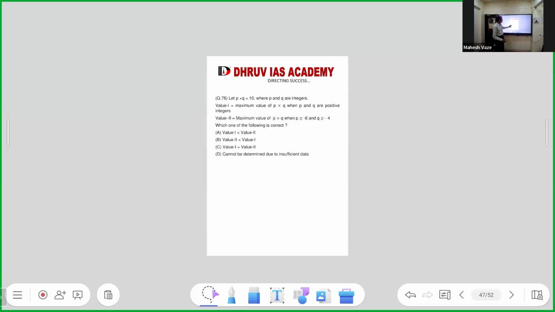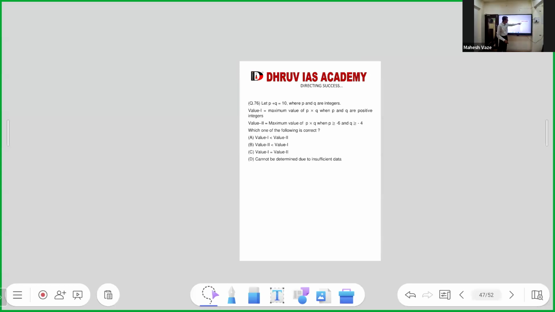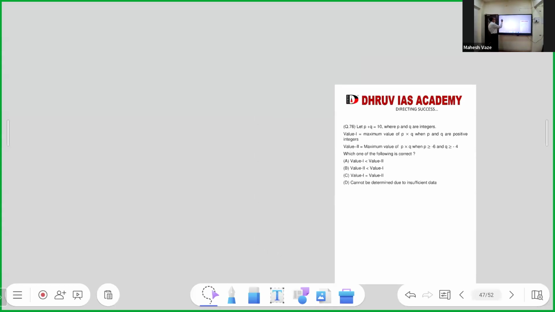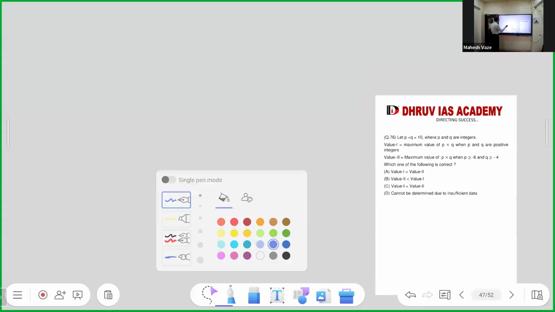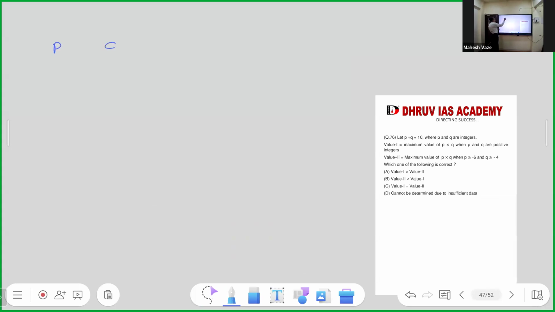Okay, so again we will go one by one. See, P plus Q is 10. So we will take values of P and Q here. It can be 1 and 9, 2 and 8, 3 and 7, 4 and 6, 5 and 5, and 6 and 4, and so on.